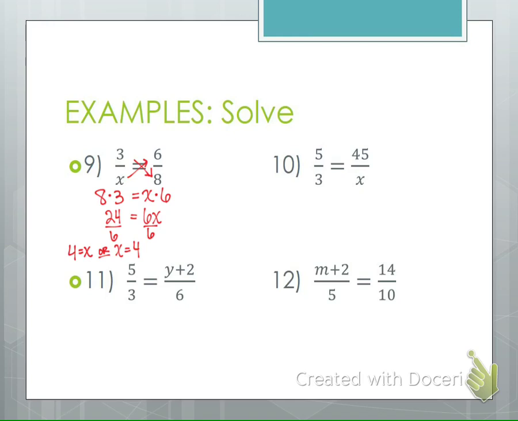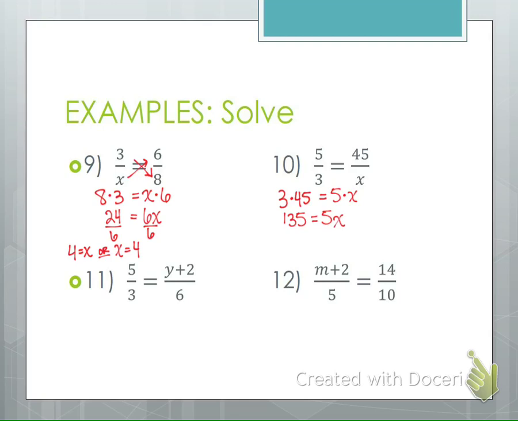Number 10. What's one of my products? 3 times 45. Okay, 3 times 45. My other product, 5 times x. Again, put an equal sign in between them. 3 times 45 is 135. And of course, 5 times x is just 5x.